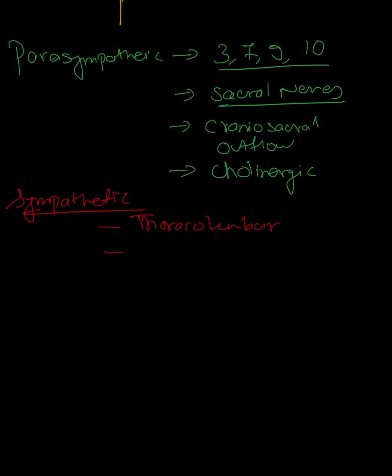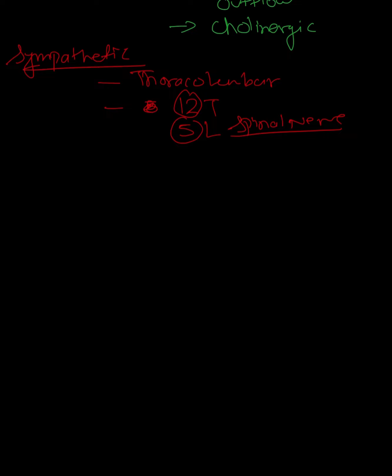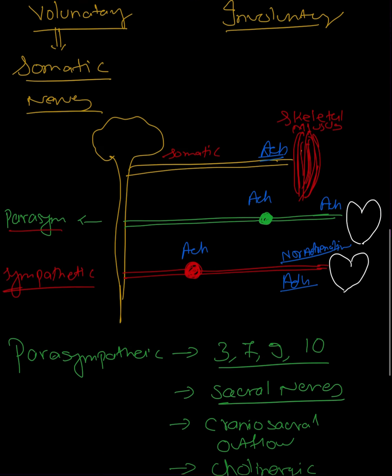Thoracolumbar means 12 thoracic and 5 lumbar spinal nerves constitute the sympathetic type of nervous system. They are called thoracolumbar, and these are adrenergic, because they release the neurotransmitter noradrenaline. So these are the sympathetic and parasympathetic types of nerves.